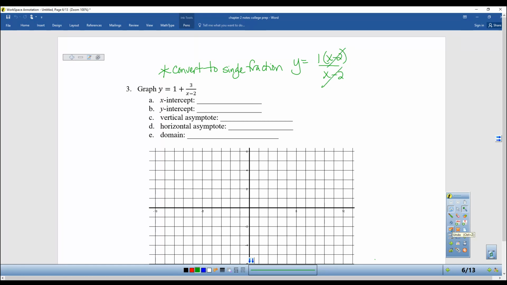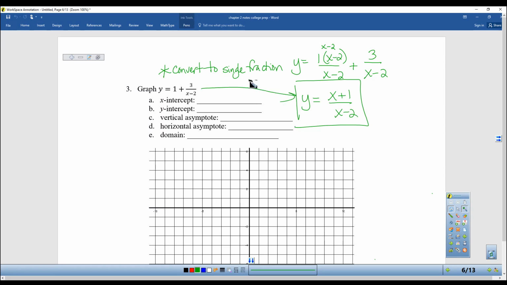So I'm allowed to do it. And I want to do it because now I'm going to have identical denominators. So this is x minus 2. So x minus 2 plus 3 becomes x plus 1 over x minus 2. This is the function. It means the same thing, but now I can use all my little rules that I taught you.